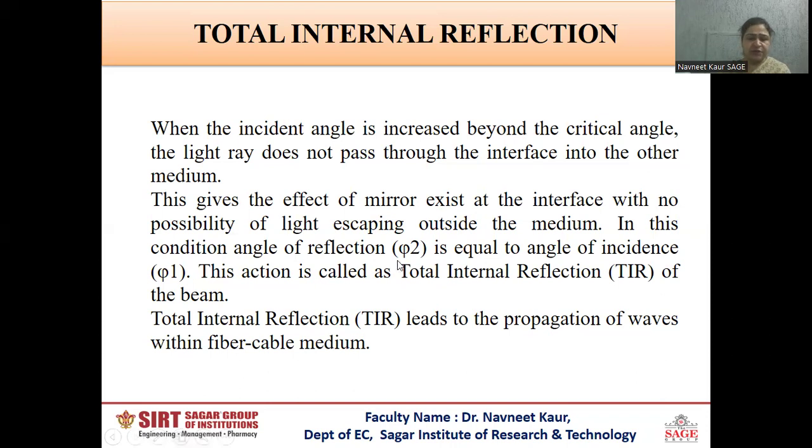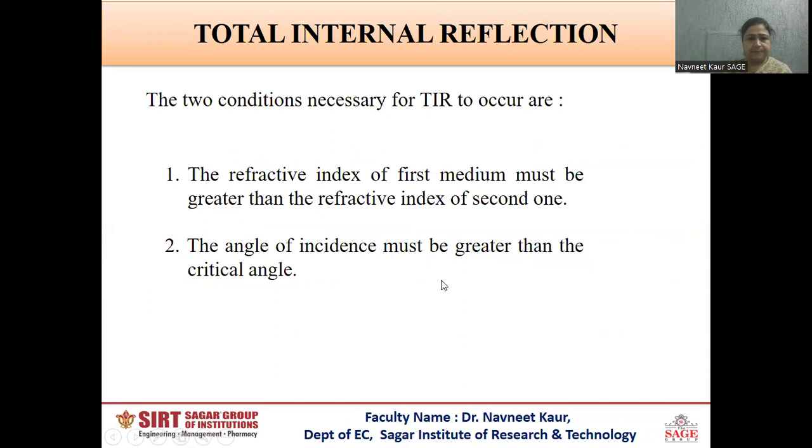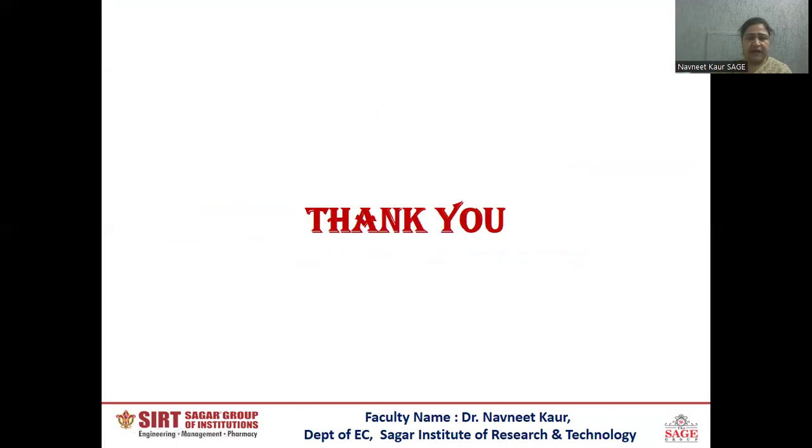Now, this will be shown in my further lectures in detail also. The two conditions which are essential for total internal reflection to occur, which we have already discussed, are that the refractive index of the first medium must be greater than the refractive index of the second medium, and the angle of incidence must be greater than the critical angle.